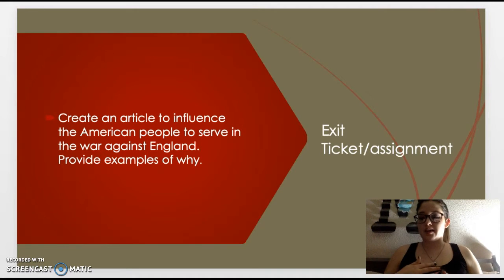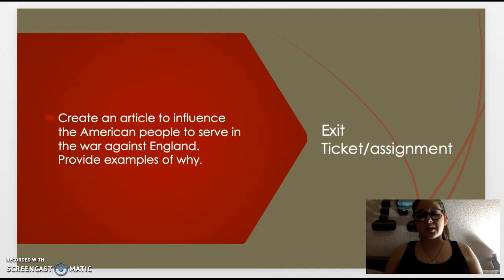Think about how the UK has been blocking our trade. Think about how they've been kidnapping our sailors, and those are sons and brothers and fathers that have been kidnapped, and they should return home. And just think of all that entails.